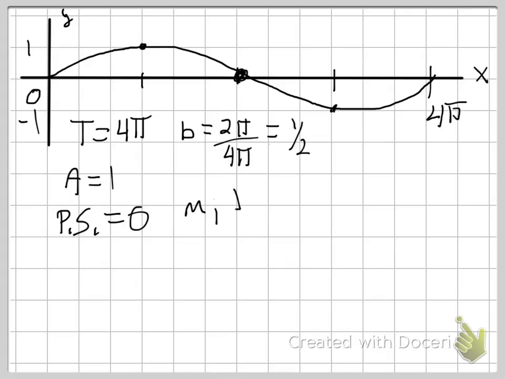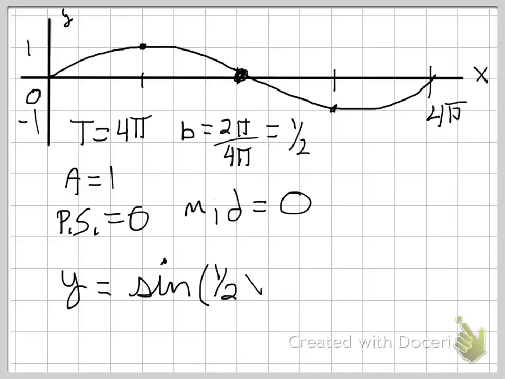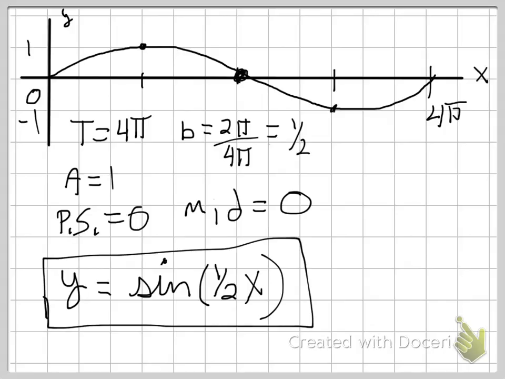Now the midline is 0. And if we were going to go ahead and write the equation of this thing, the amplitude is 1. So all we need is the sine. And then we need that b value, which was 1/2, times x, because there isn't a horizontal shift. And there's no vertical shift, so there's no plus k. It's just that. Alright.